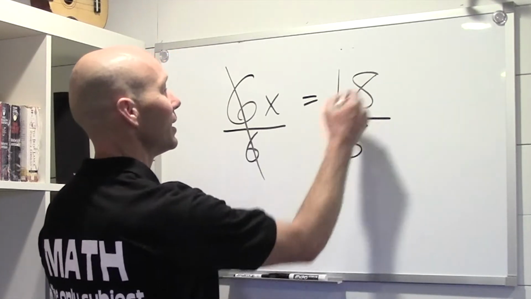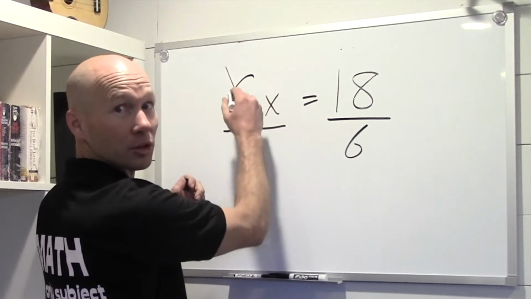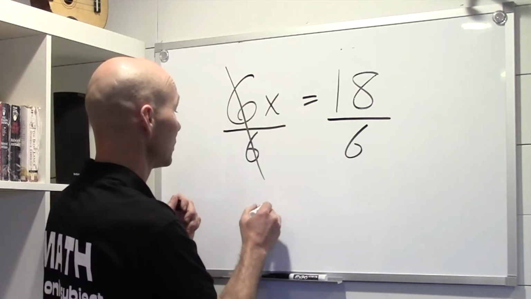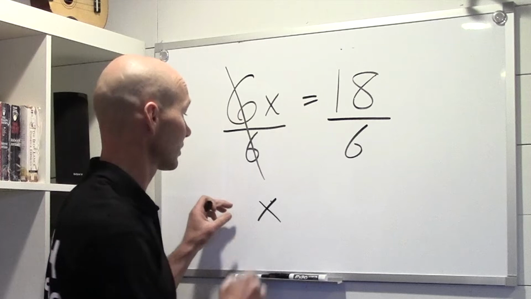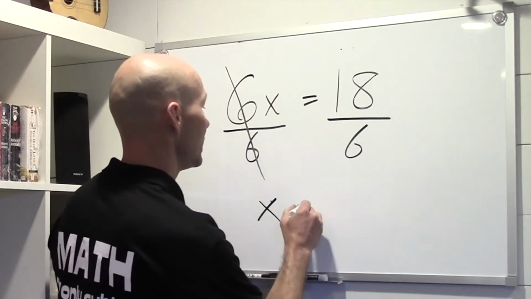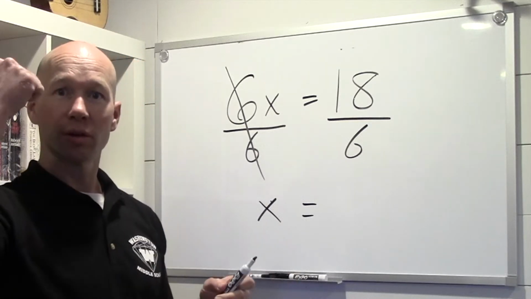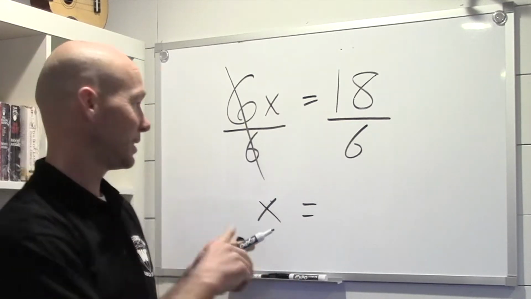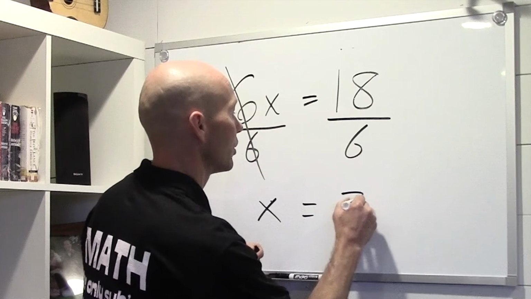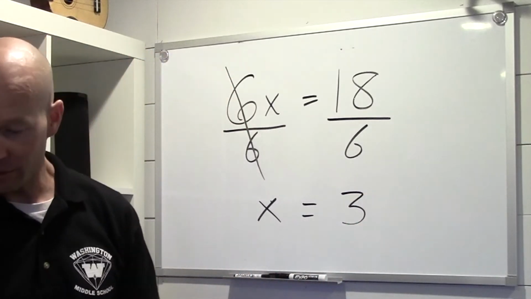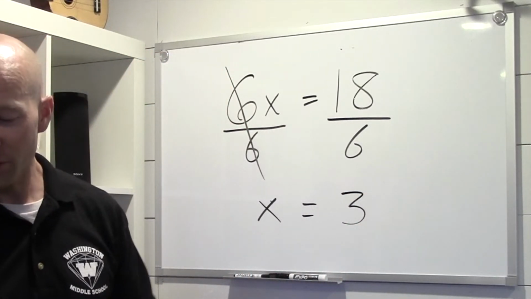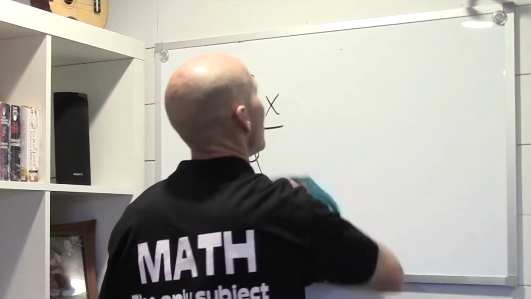So I get 1x, which is x, equal to 18 divided by 6, which goes 6, 12, 18. I have 3. x equals 3. Let's do that again with another one.